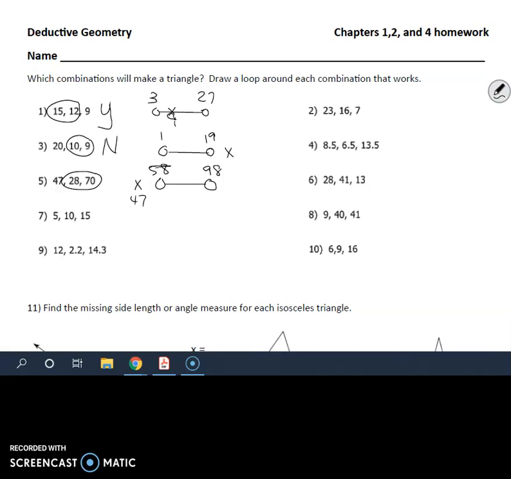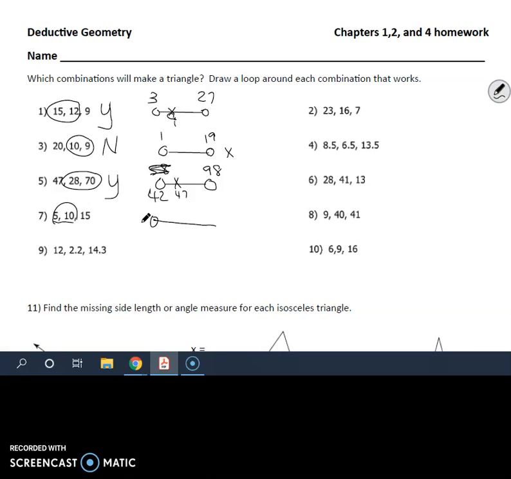Actually, this would not be 58. Let's subtract them again. Let's try that again. Let's subtract them: 42. 42 plus 28 is 70, and 47 does fall between them, so this is actually a yes.